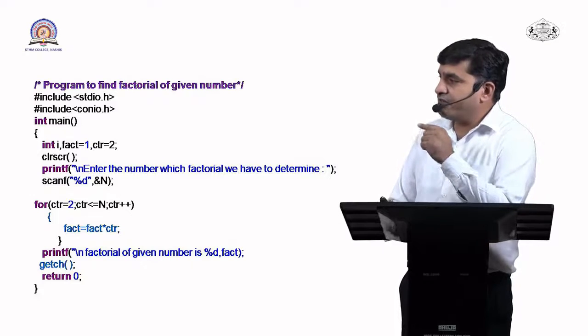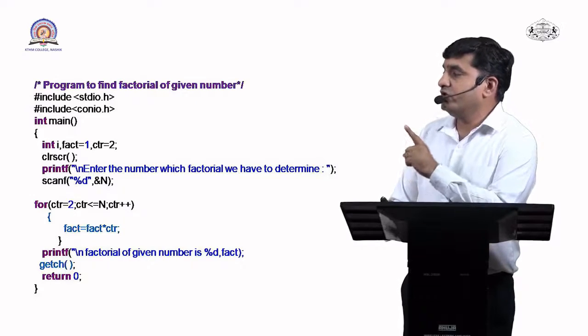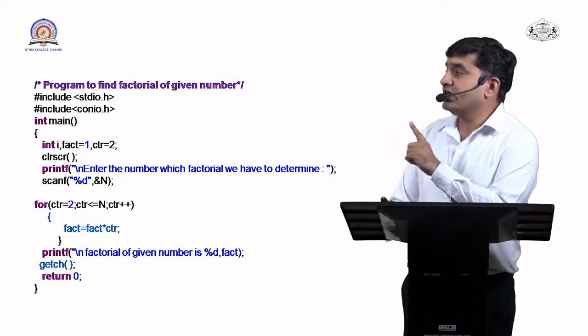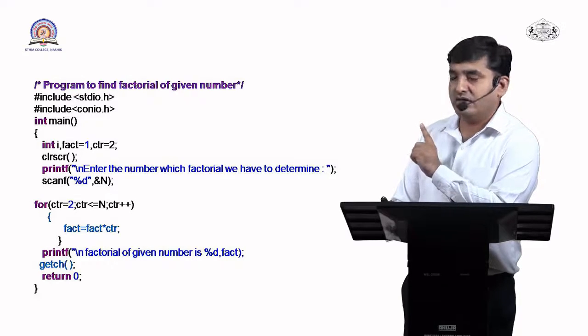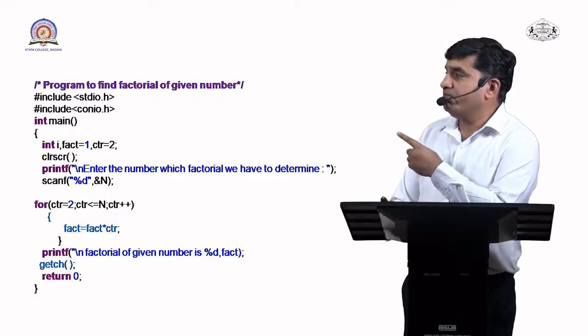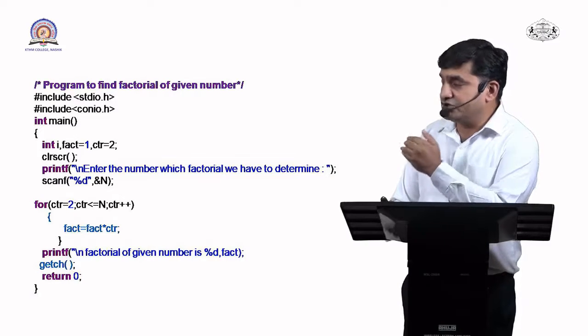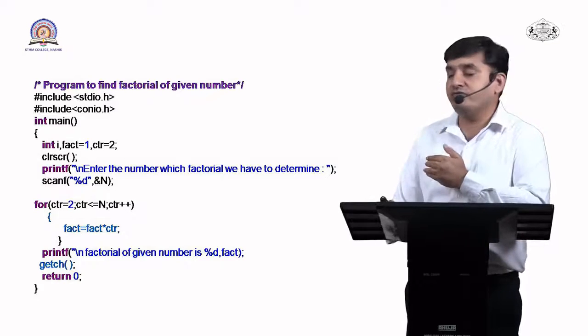Here this for loop is executed as long as the condition is satisfied, that is counter is less than or equal to n. When counter becomes greater than n, the execution of the program goes out of the loop.